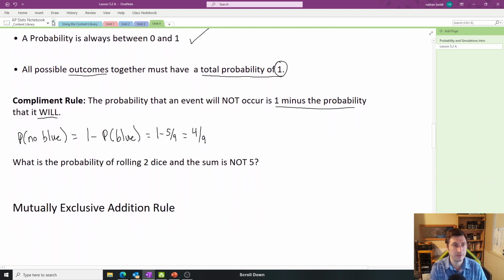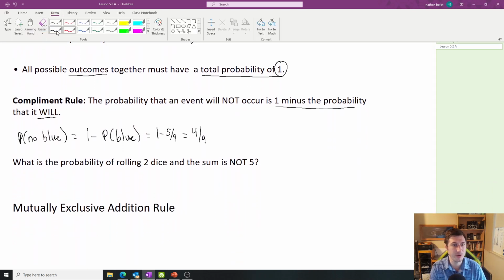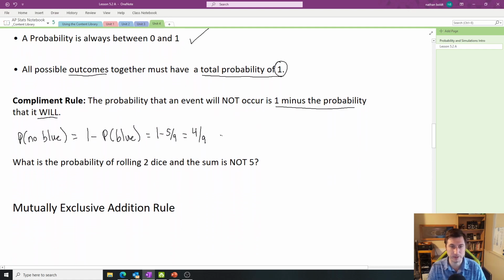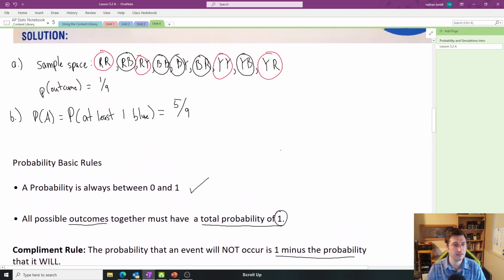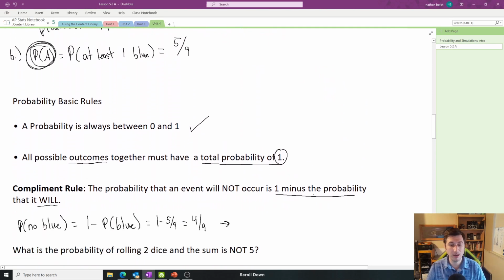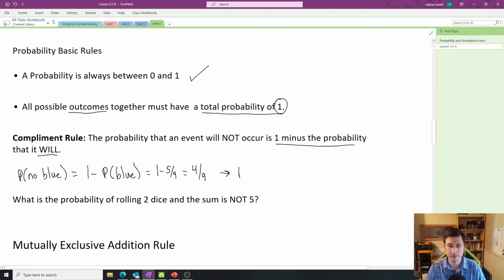But a little syntax here for you. The way we write that, okay? There's a special way of writing complement. So didn't we name that one? Wasn't it A? Yeah, so this is event A, right? The complement of that would be written the probability of A and then a C at the top for complement, okay?